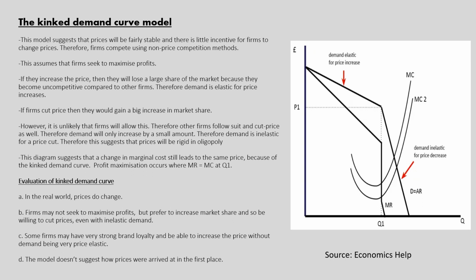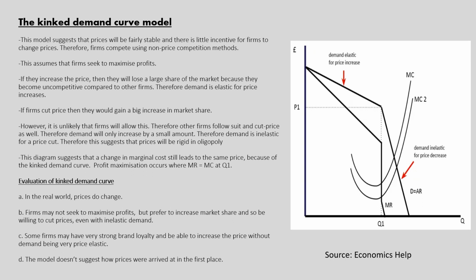So you find out that there's some degree of price rigidity in oligopolies, where even if, for instance, the marginal cost changes, the prices still stay the same, because nobody really wants to rock the boat. And profit maximization occurs when MR on the graph equals MC, which is at Q1.